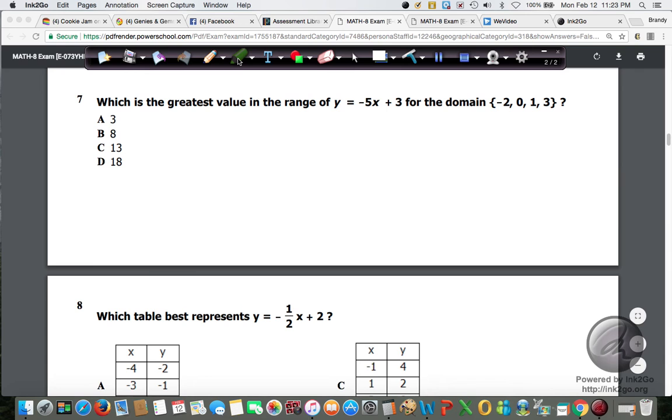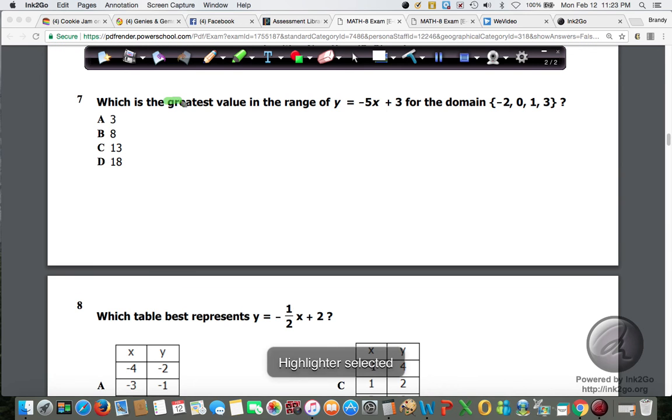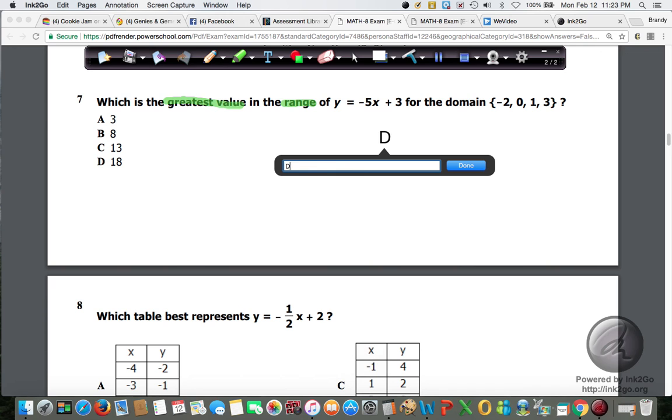Couple key words that we have here, let's highlight. First of all, we want the greatest value for the range. That means we want the biggest number that we can get for our answer. The key here, again, you got to remember it. I'm telling you, it's important. It makes you laugh, but you got to know it, is Dixroy.